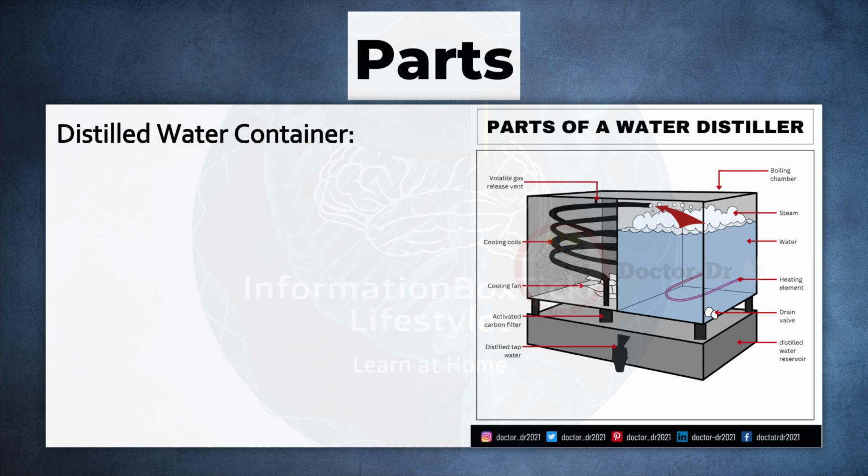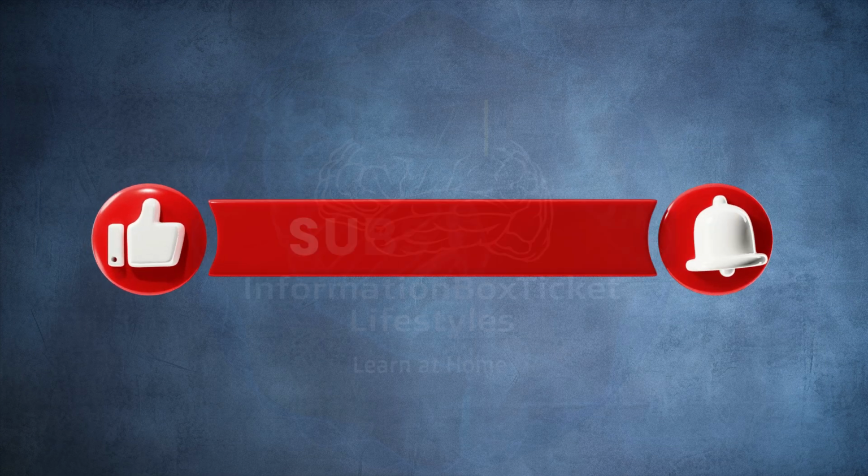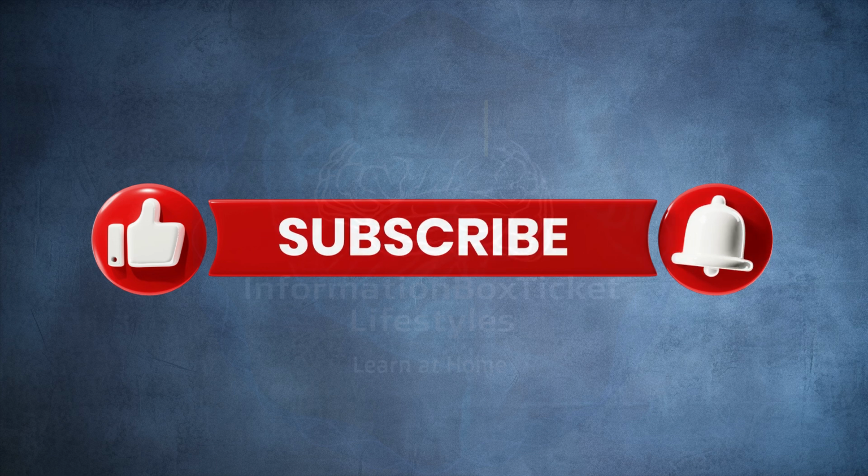Distilled water container. The container where the final distilled water is collected. To prevent ionic contamination, distilled water is stored in specific plastic containers made from polytetrafluoroethylene, polyethylene, or polypropylene.